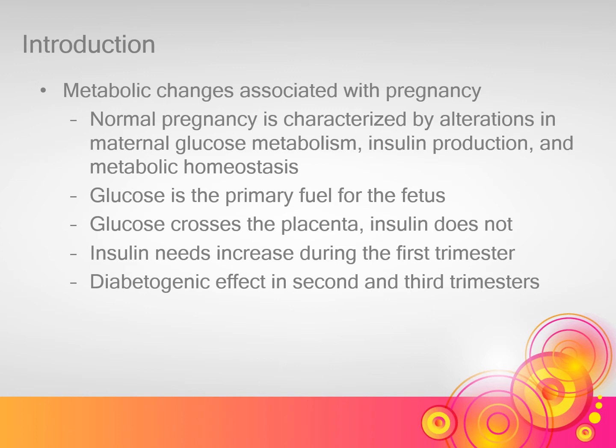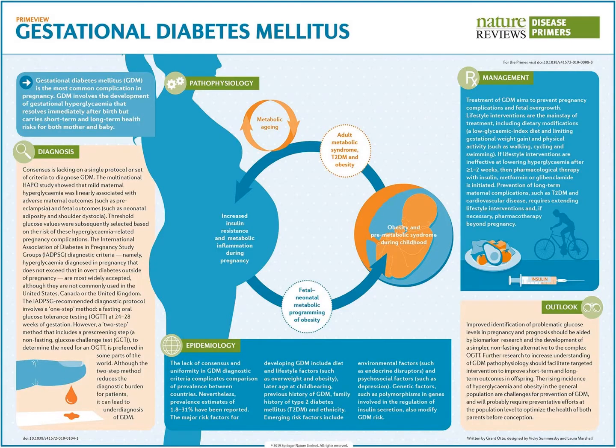Insulin needs increase during the first trimester for mom, and diabetogenic effect in the second and third trimesters. The graphic on this slide gives a great overview of gestational diabetes, and I encourage you all to read through it to help tie everything all together.